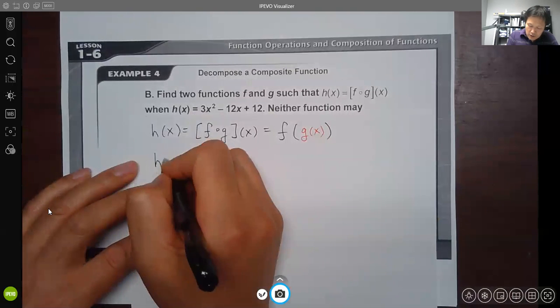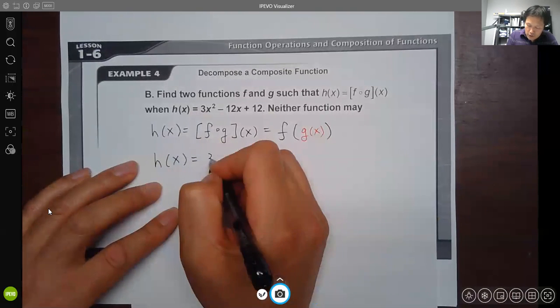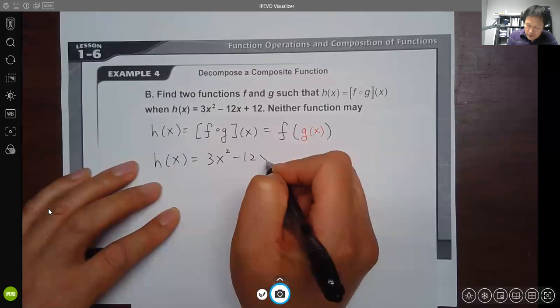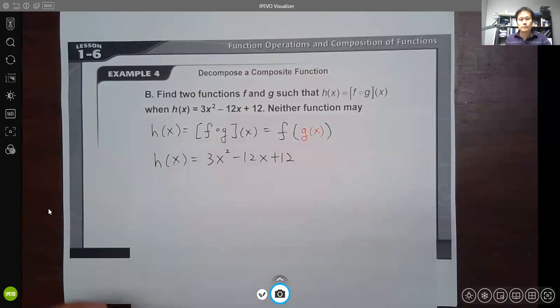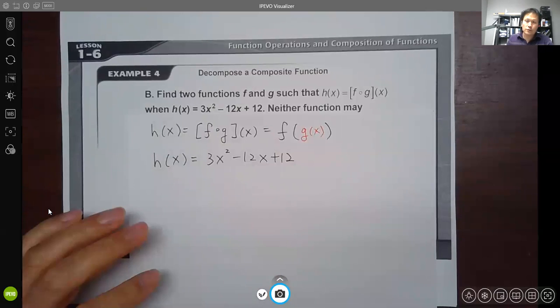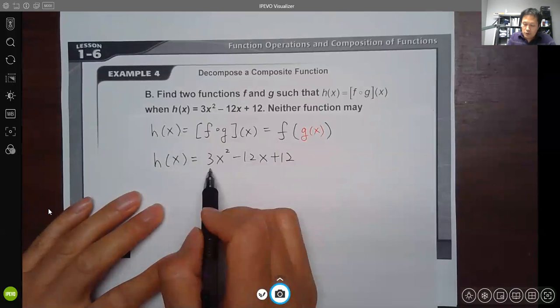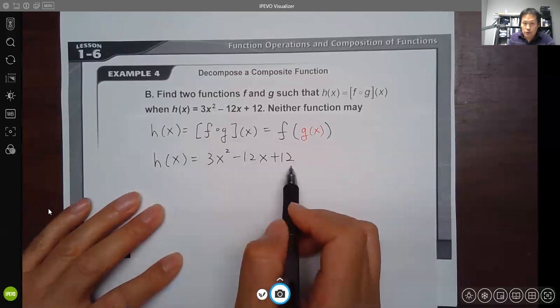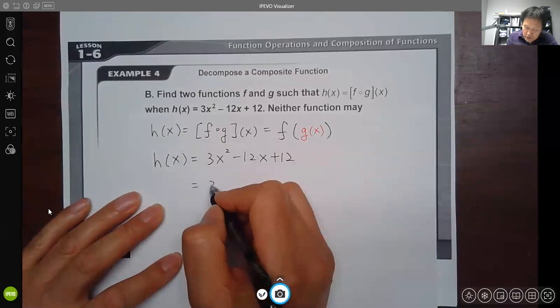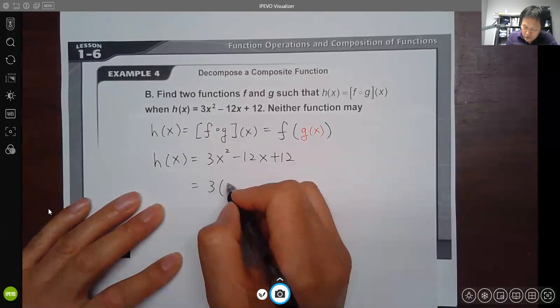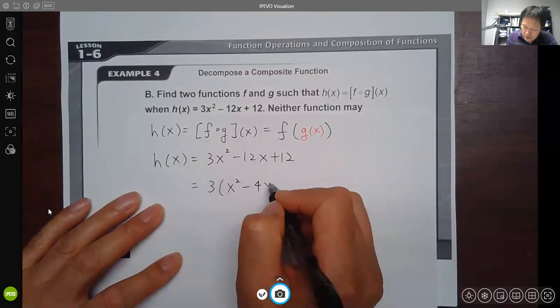What is h of x? h of x equal to 3x squared minus 12x plus 12. So right now, as it is, you cannot decompose. So you have to do some factoring. If you look at it, 3 goes everywhere. So I can factor a 3 out as a common factor: 3 times (x squared minus 4x plus 4).